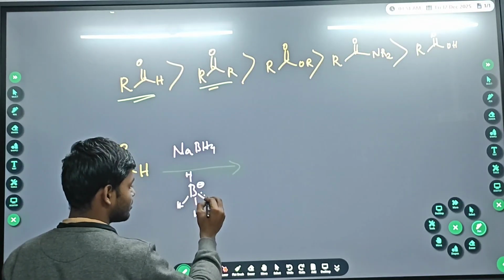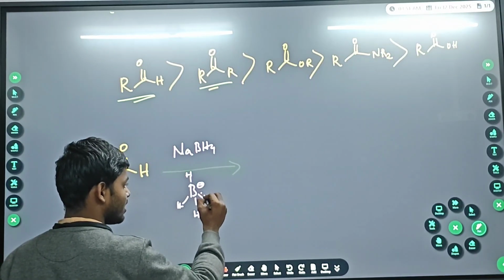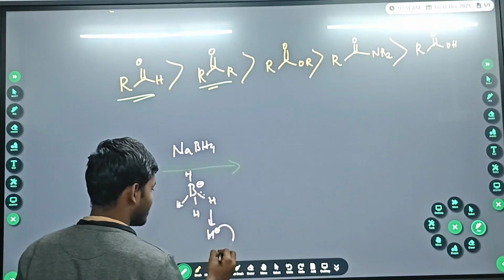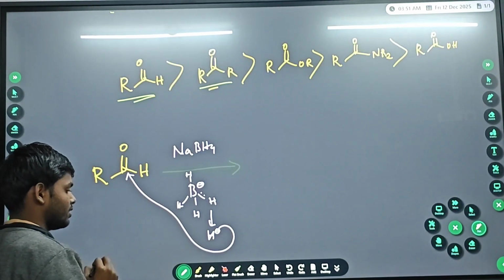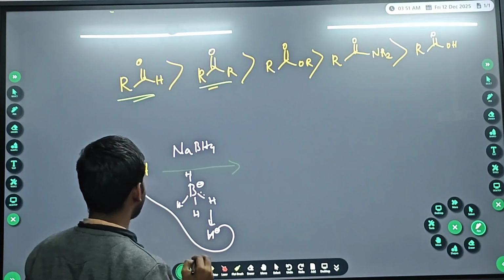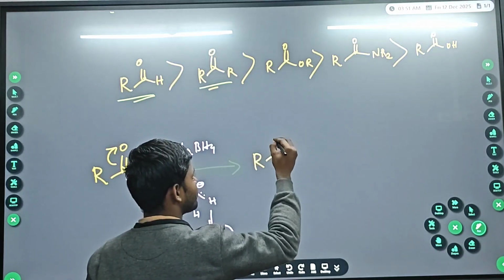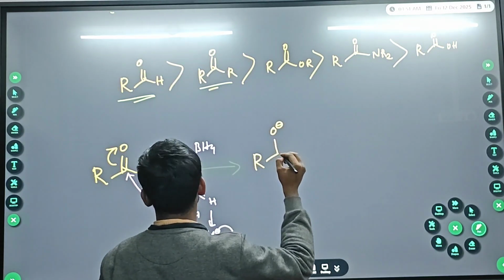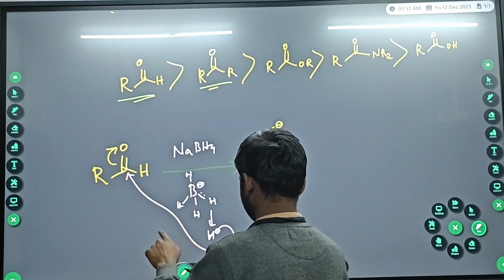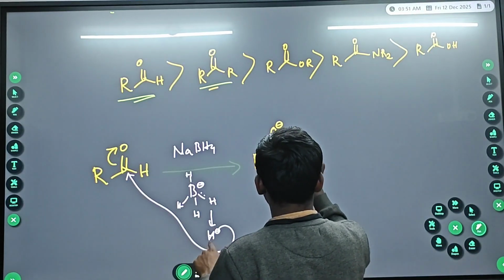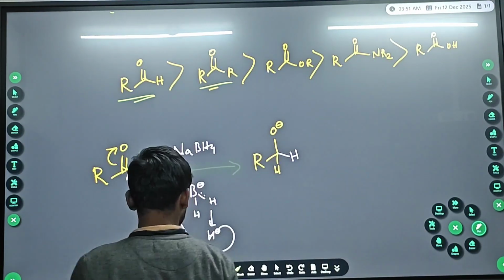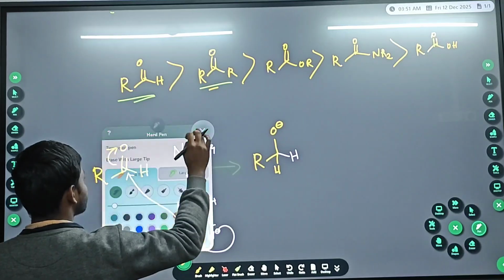In it, there are 2 electrons between boron and hydrogen. That hydrogen will be taken as a hydride, and that hydride will attack this carbonyl center. It will attack on that carbonyl center and this will form this type of product. And now see, the blue hydrogen will attack intact in this compound. So what have we understood?